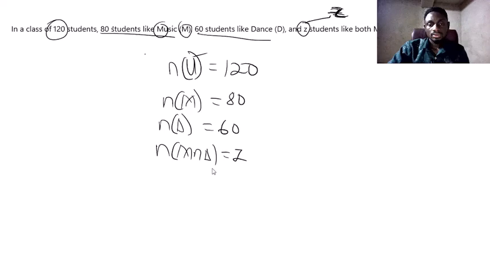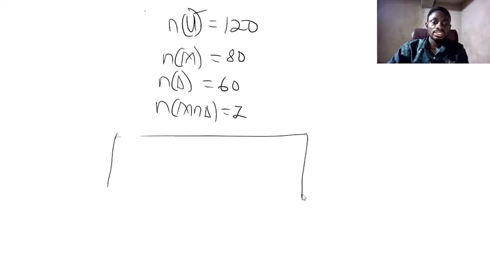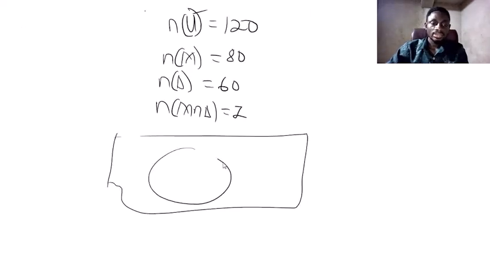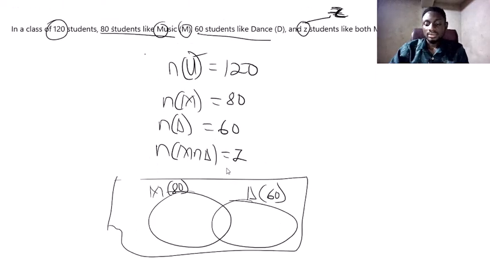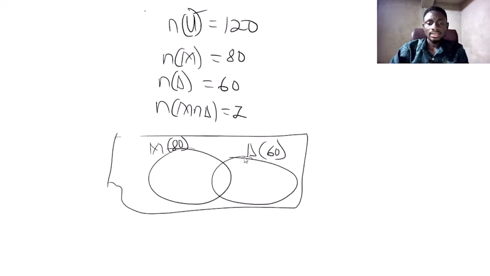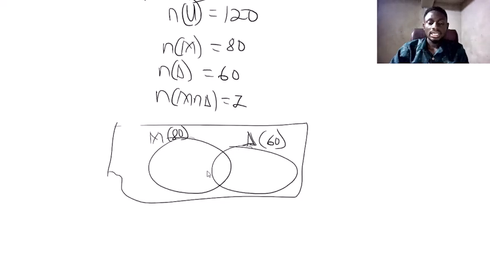So now when we put these things into the Venn diagram, this is how it's going to be. The music is M here, which is 80, and then dance is 60. The number of students who like both music and dance is Z, and the universal set is 120.